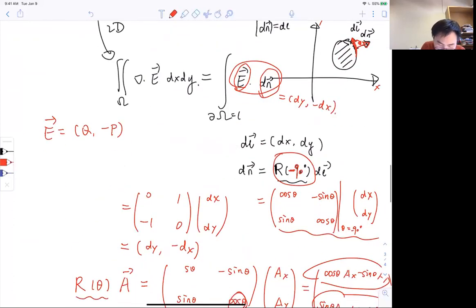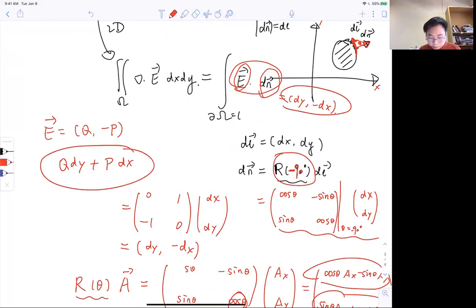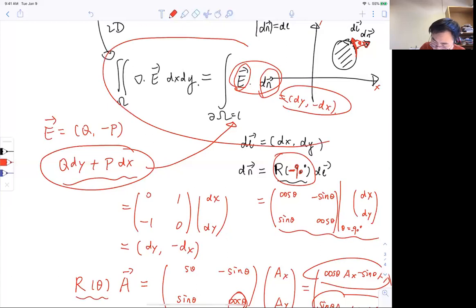If I set E equal to (Q, minus P), then this dotted with (dy, minus dx) becomes Q dy plus P dx, right? So this becomes the right-hand side of this integral equation.